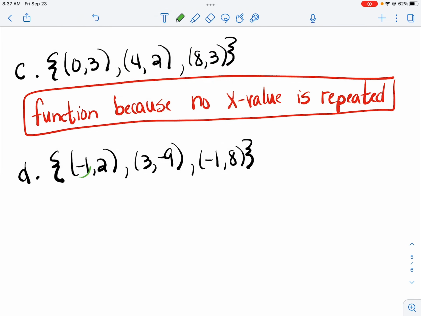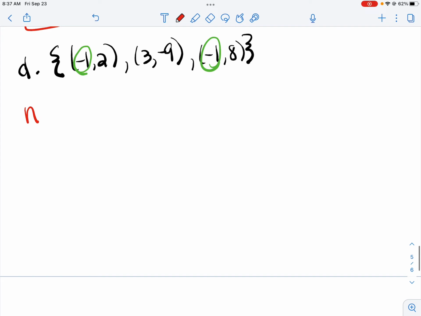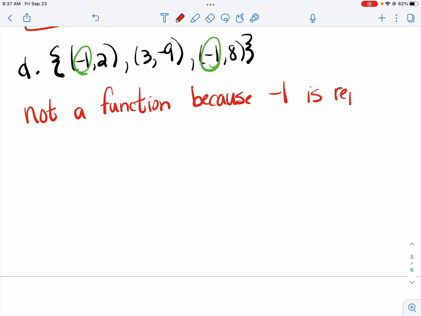But notice here that -1 is repeated as that x value, and so this one is not a function, because -1 is repeated as an x value.